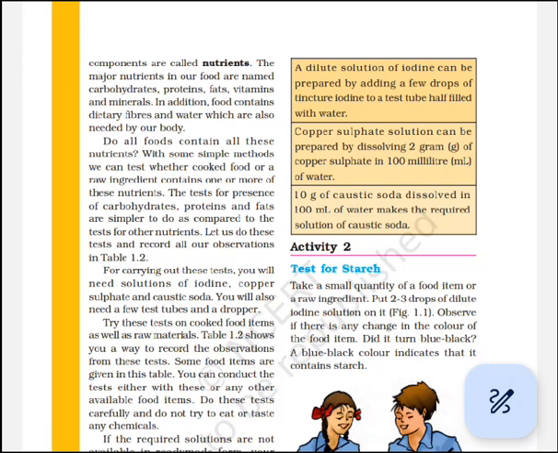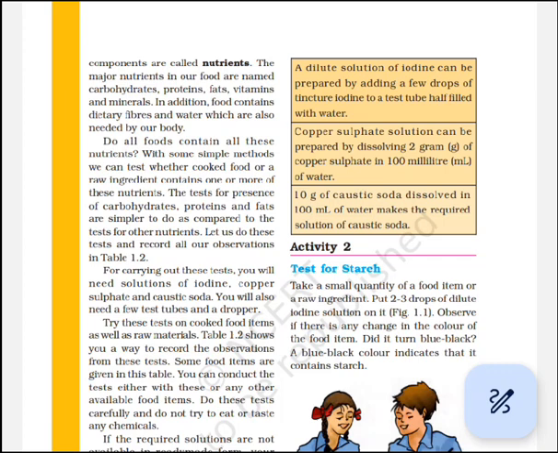Try these tests on cooked food items as well as raw materials. Table 1.2 shows you a way to record the observations from these tests. Some food items are given in this table. You can conduct the test either with these or any other available food items.